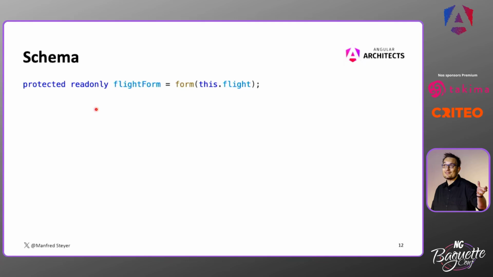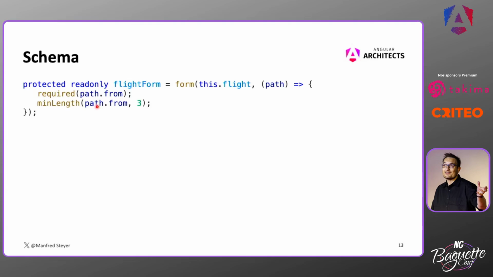There is one further thing I want to tell you before I'm closing this first tiny part with the primer. It's about the schema. If you set up your signal form, you can put in a schema. There is the second optional parameter, and the schema is setting up rules for your form. Most of the times, those rules are about validation rules. Sometimes they are also describing some other behavior, like that sometimes this field should be disabled or hidden, that sometimes this field should be validated in a different way, or that sometimes this field should be debounced.